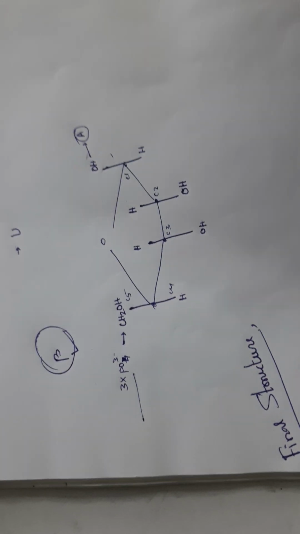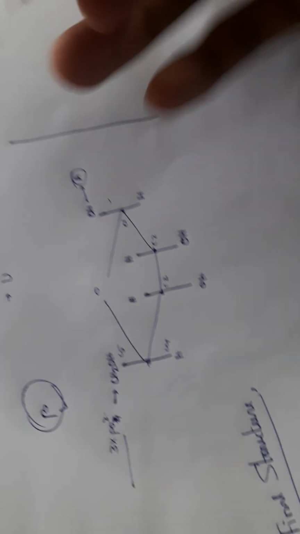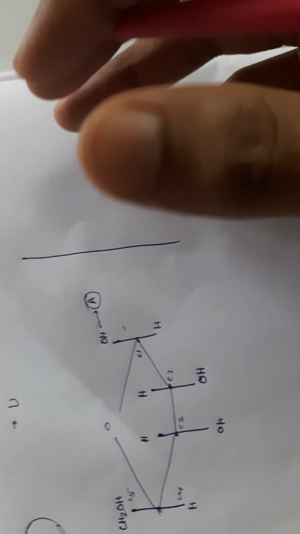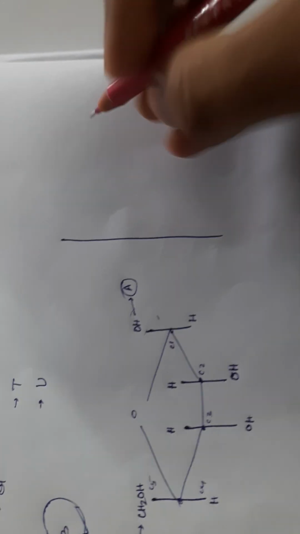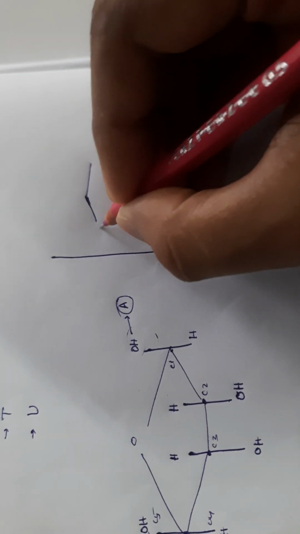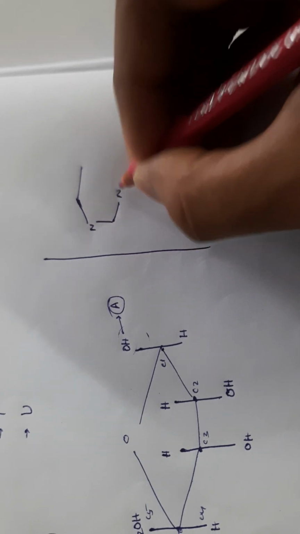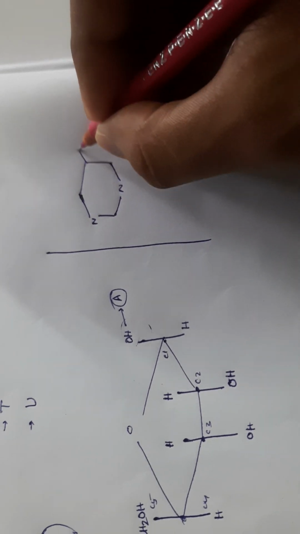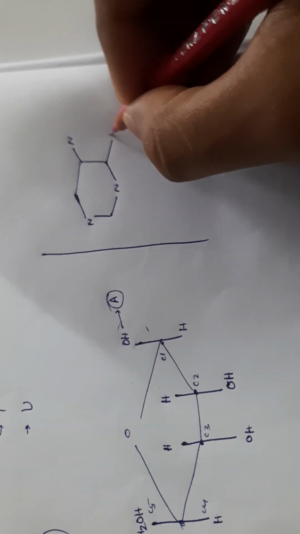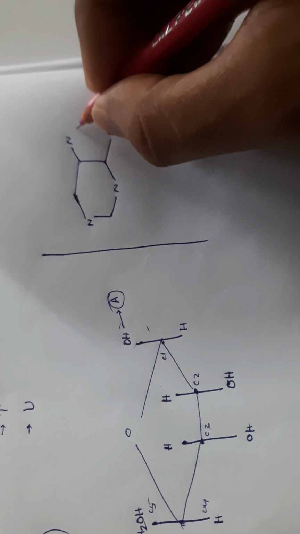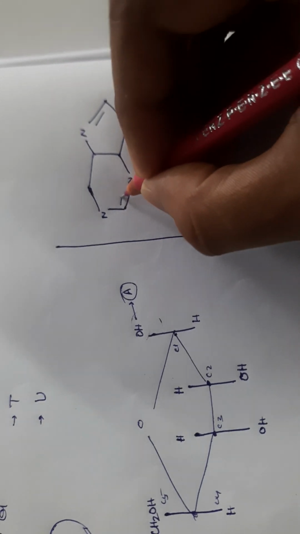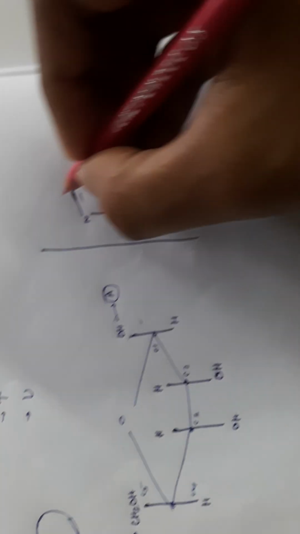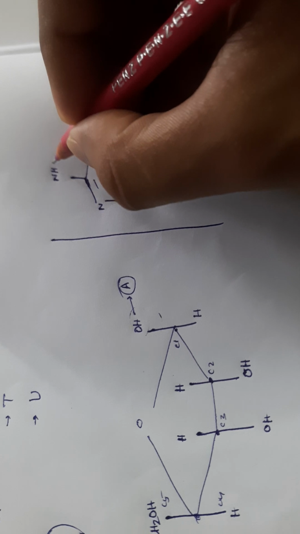Before making the final structure, also see the adenine structure. What is the adenine structure? Adenine is nothing but a 2-ring structure. So let's see the 2 rings here.